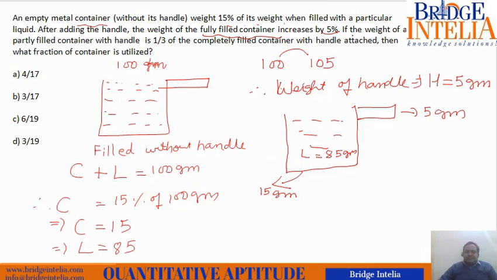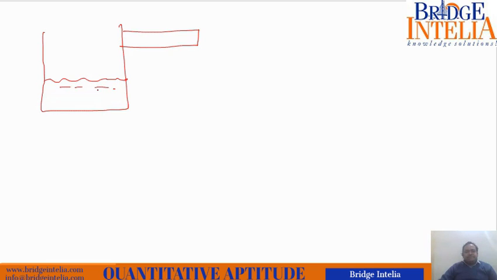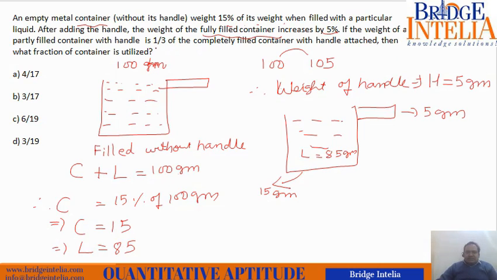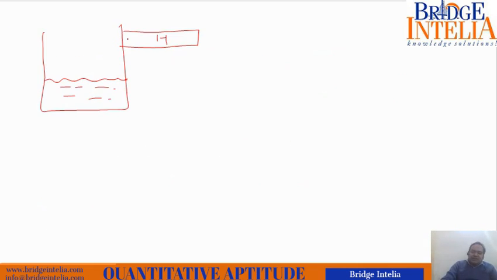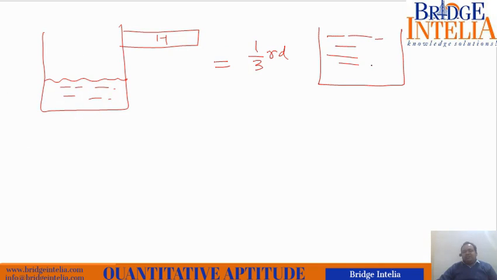Now what is the question? If the weight of a partly filled container with handle is 1/3 of the completely filled container with handle attached, so this weight is equal to 1/3 of 105 grams.